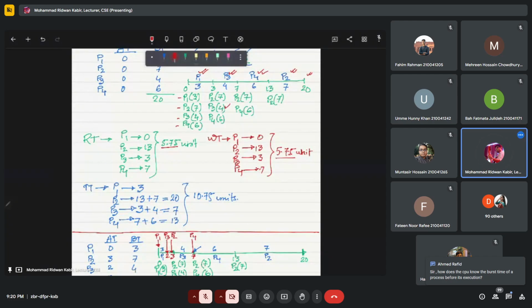Someone of you has asked how the CPU knows the burst period beforehand. That's an intricate mechanism which we are not going to discuss in detail, because it could be defined in the process control block, and from a coding perspective, it's a complex idea.